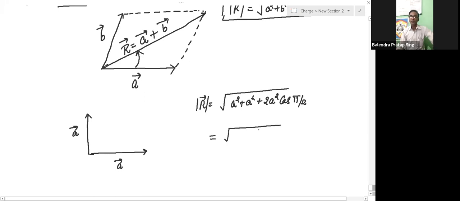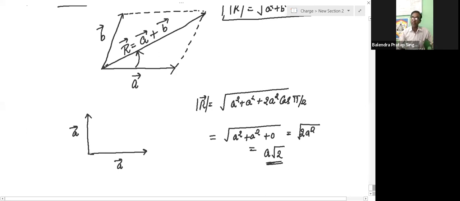So here the value of cos pi by 2 is 0, so I can write a square plus a square, which is 2a square, and the square root of that gives a under root 2. This is our resultant.